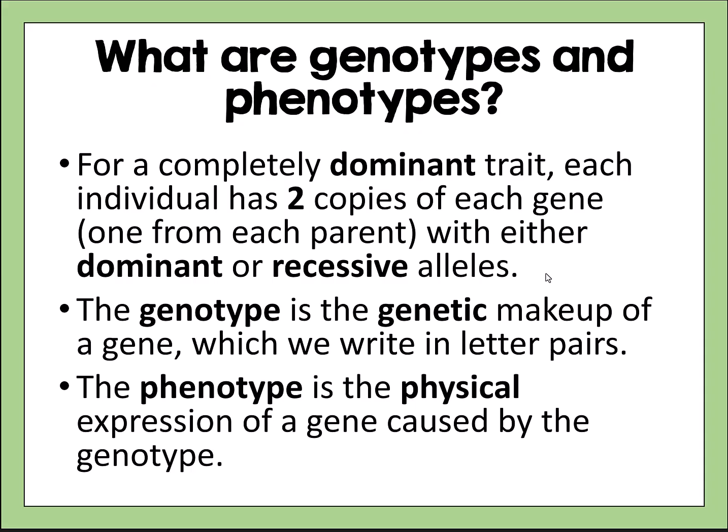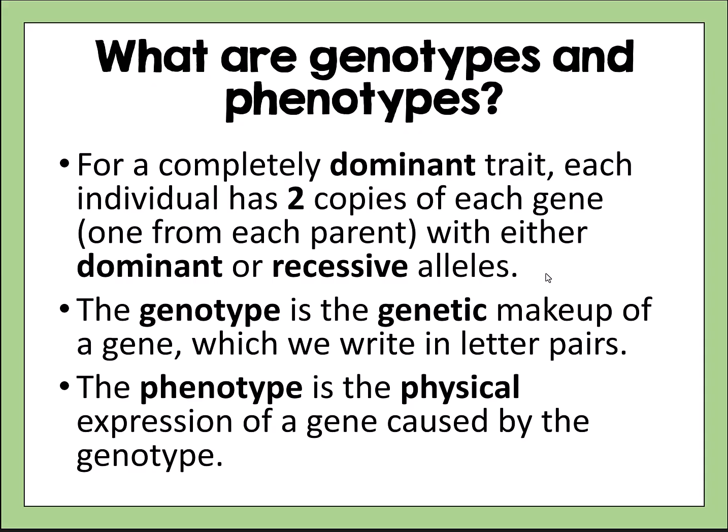The phenotype is the physical expression of a gene caused by the genotype. So a good way to remember this is phenotype and physical. So a physical expression of a gene would be brown hair or blue eyes, tall height. Those are physically visible expressions of a gene.